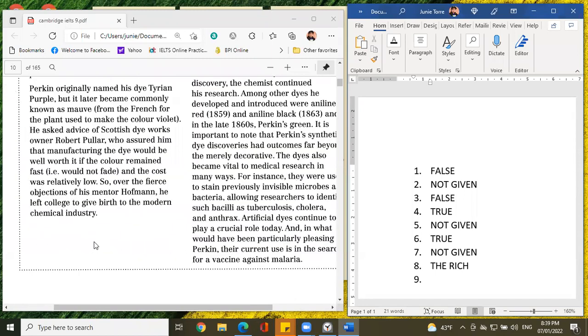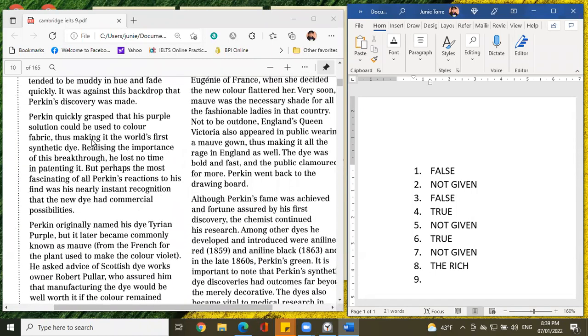So, commercial possibilities is the answer, guys. It had commercial possibilities. What potential did this new dye have? It had commercial possibilities. That's the answer. Okay.